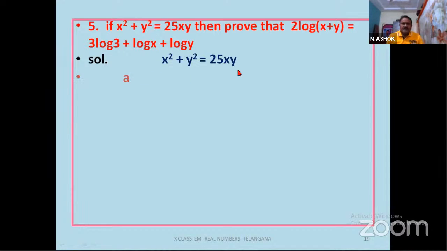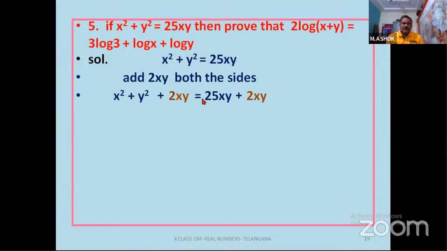So what I am doing is adding 2xy on both sides. Now it becomes x square plus y square plus 2xy. Already 25xy is there, and we are just adding 2xy.